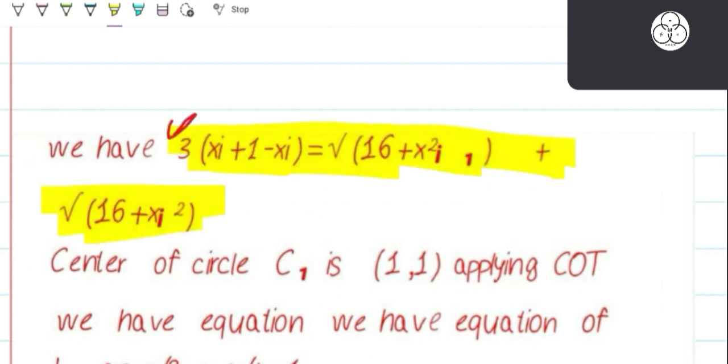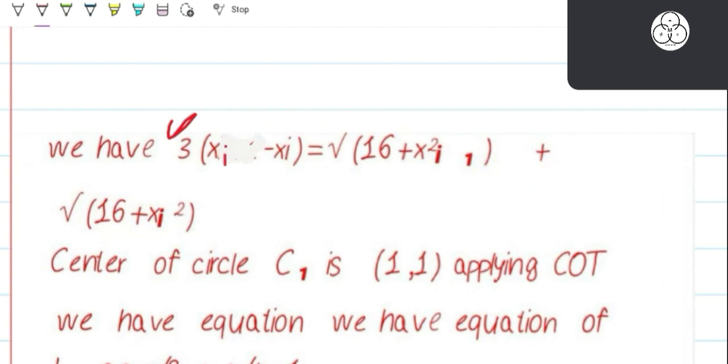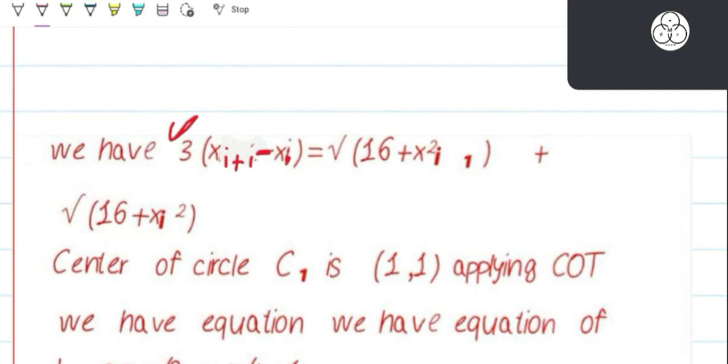Now proceeding with this expression, we can clearly see that this is a kind of recurrence relation, involving I plus 1 minus I. We all know that recurrence relation is not there in JEE syllabus.